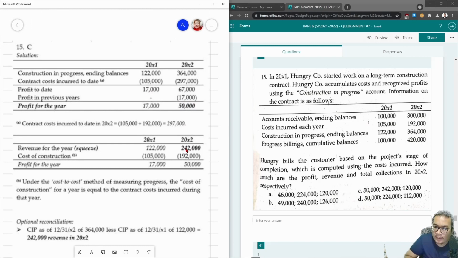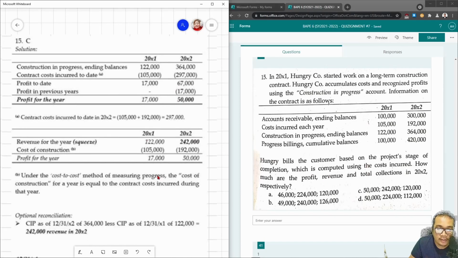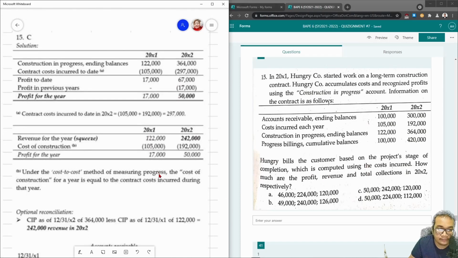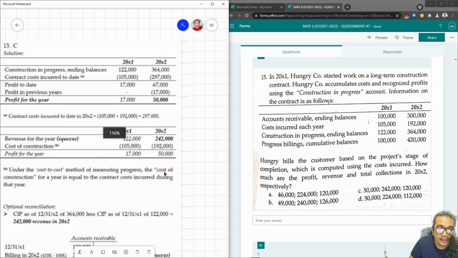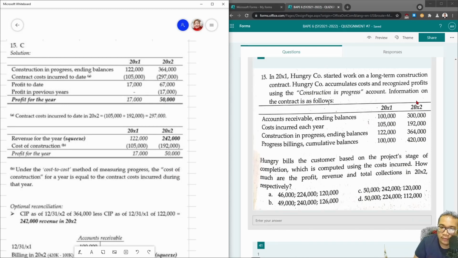Ngayon, anong pinapahanap sa atin? Profit. Meron na tayo. Revenue and total collections na lang. So, as we know, kailangan natin hanapin yung revenue for 20x2. Di ba? 20x2. Ngayon, ang revenue, as we have said, it is made up of the cost and the profit. Nandyan yung cost, nandyan yung profit mo. Ngayon, meron na tayong profit. Meron din tayong cost for 20x2.